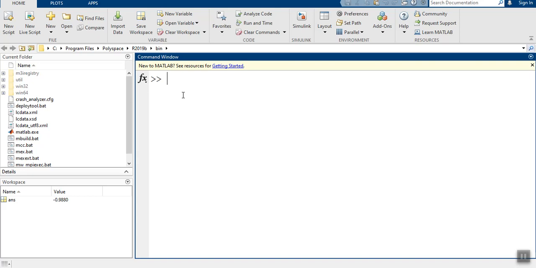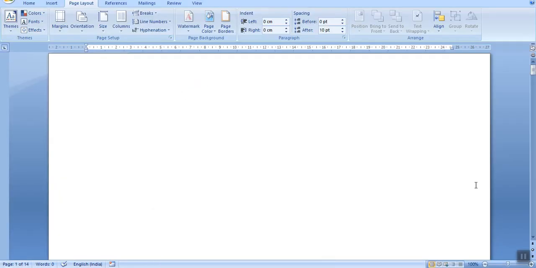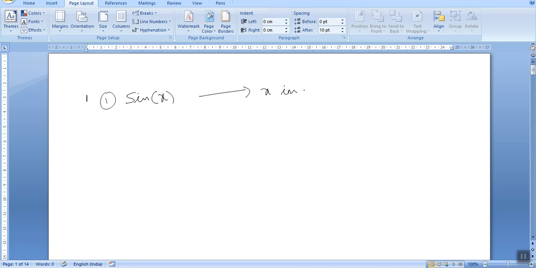CLC, clear the screen. In a similar way, the sinpi function. What is the meaning of the sinpi function? I will explain. First one is sine of x, here x in radians, already discussed.